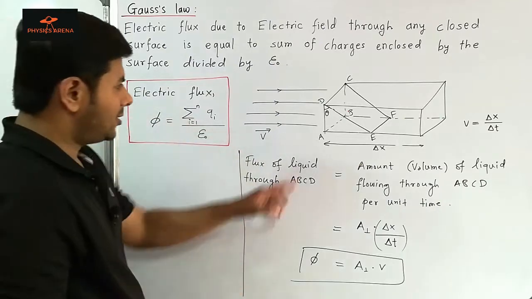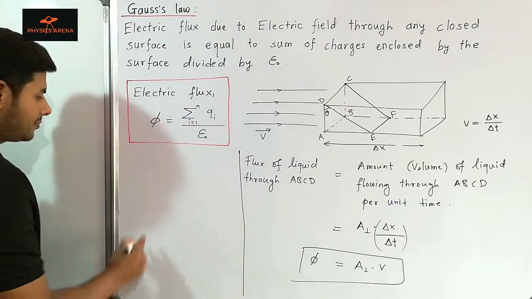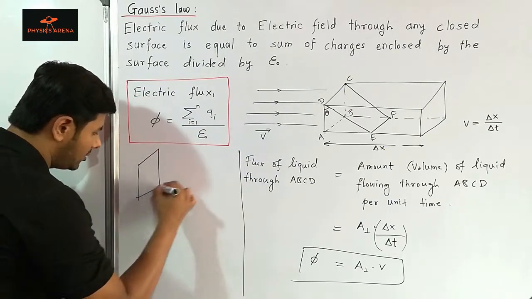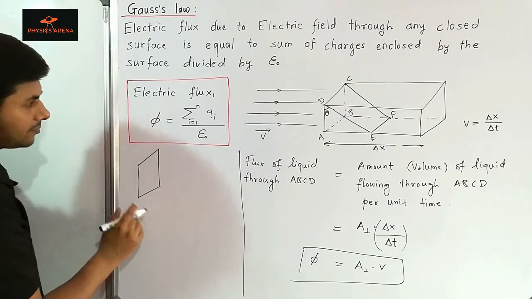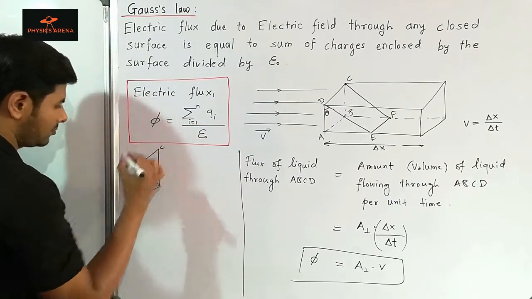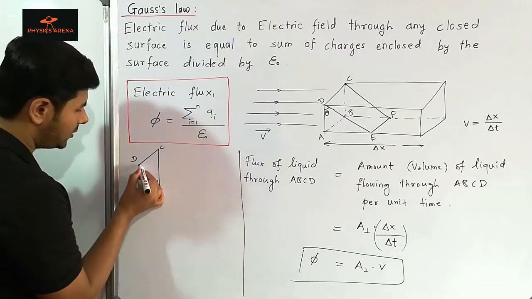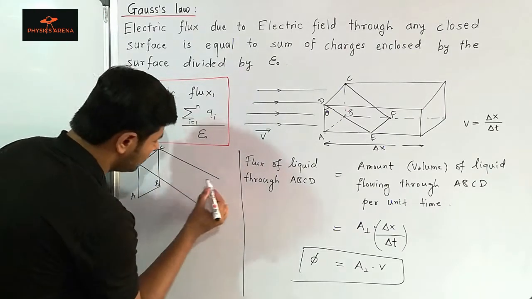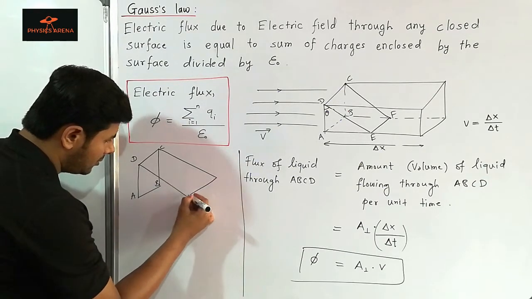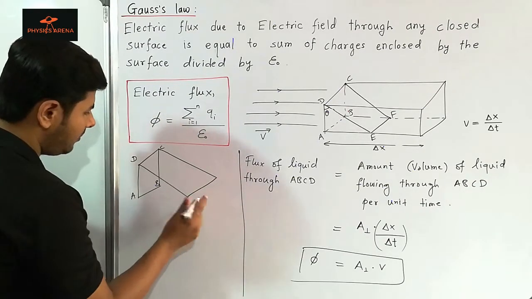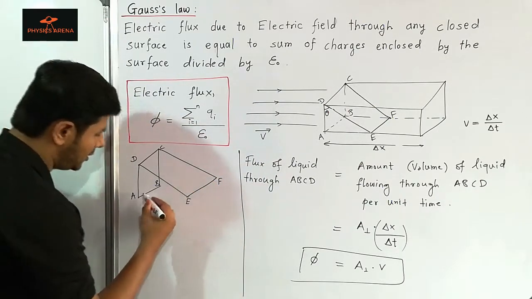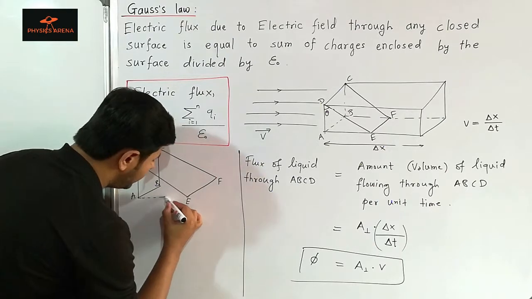Now let us redraw these surfaces here. So this one is ABCD, and this is the other one, CDEF, and let's join this side.